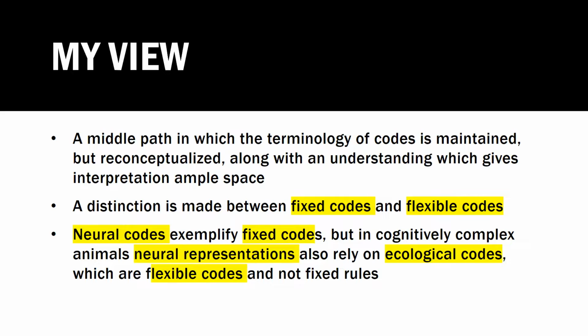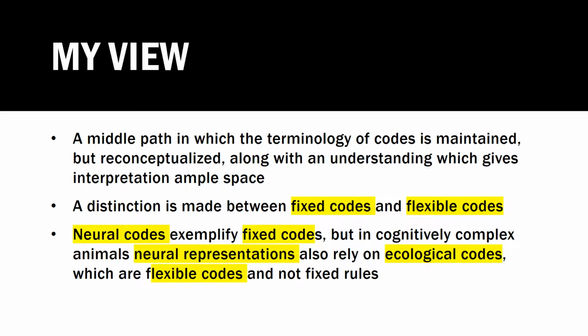So I distinguish between fixed codes, which mostly compares to what Barbieri often refers to, and flexible codes, such as, for instance, ecological codes. And there are other authors as well, including Kalevi Kull and Timo Maran, who have promoted similar ideas that some codes should be regarded as more flexible, especially in an ecological setting.